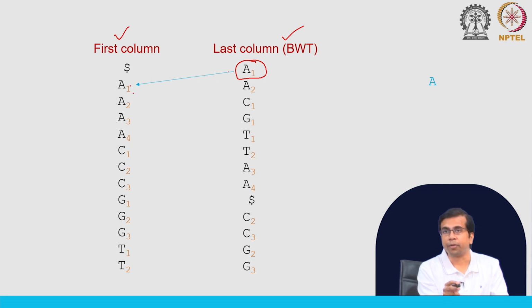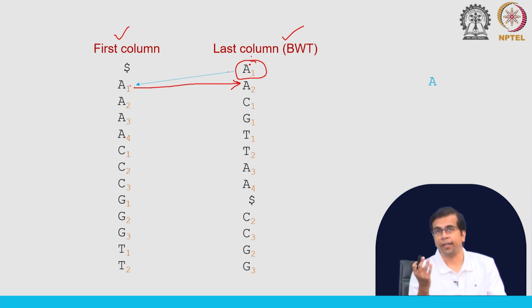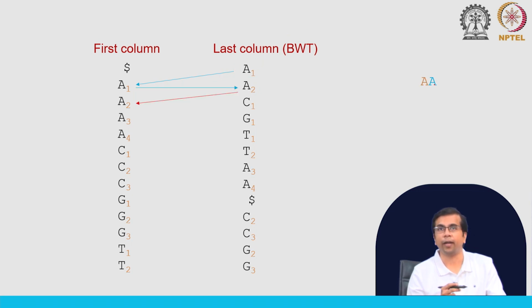Now, because of the string rotation, what it means is that this A occurs before this A. So, A1 and A2 occurs before A1 in the reference sequence. So, we are writing this reference sequence. So, we have A. So, we have written down 2 A's.